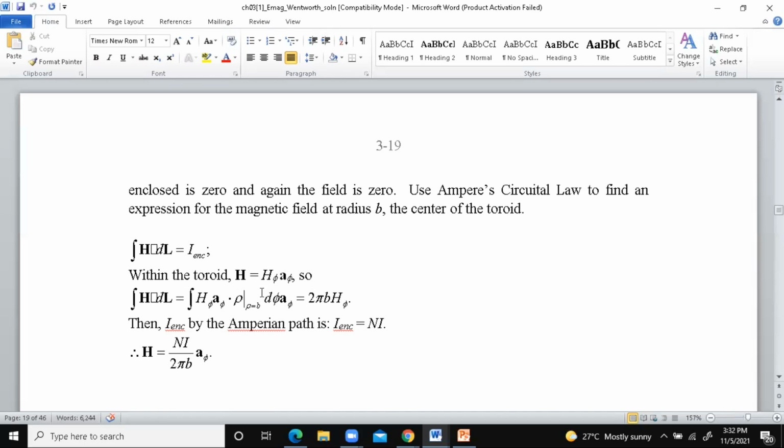So the only difference now is that instead of one I, it is n times I. Oh, so everything is the same as just one loop.